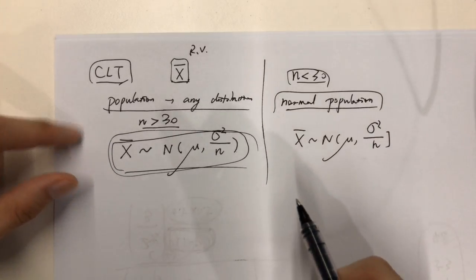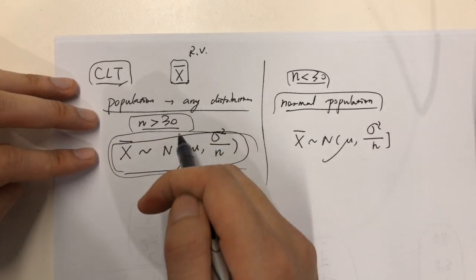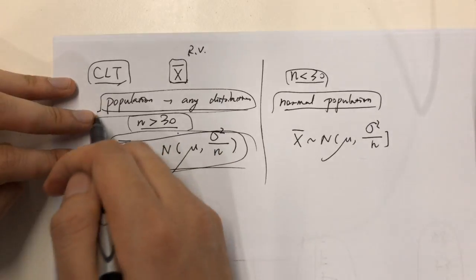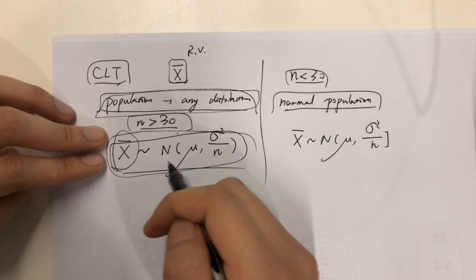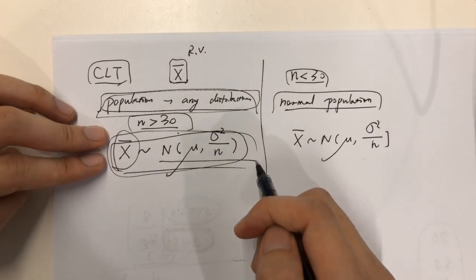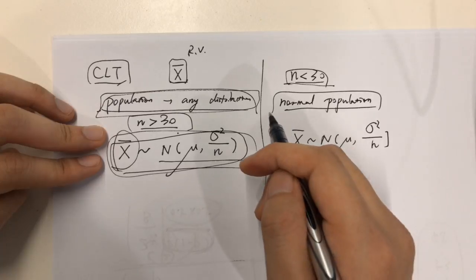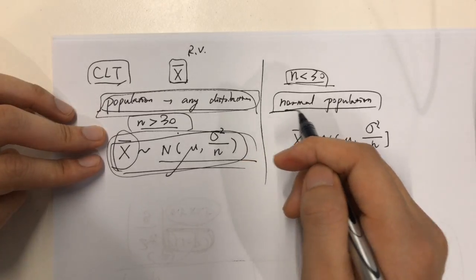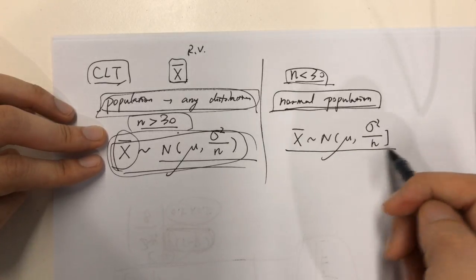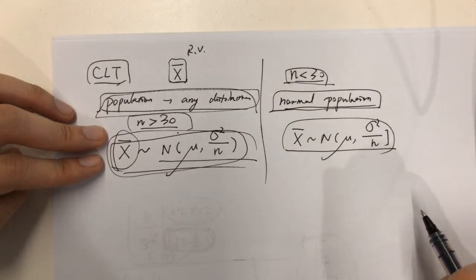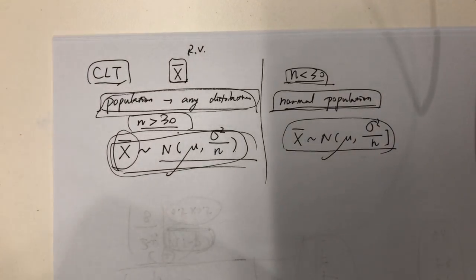Okay, so those are two scenarios. If the sample size is large, then the population distribution can be any distribution, and sample mean will always follow a normal distribution. But if it is a small sample, we need to require the population to be normally distributed in order for x bar to be normally distributed again. Okay, so this is basically what the central limit theorem is.